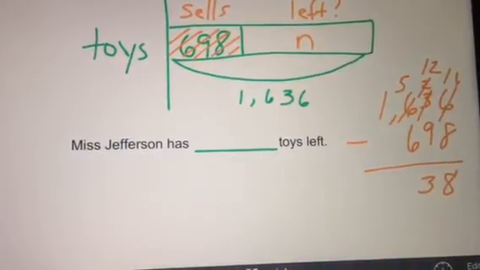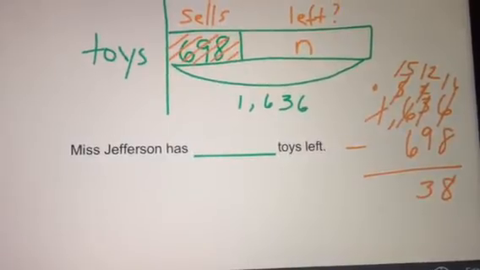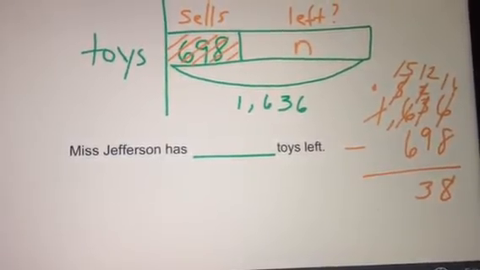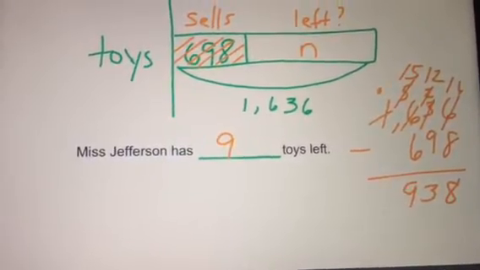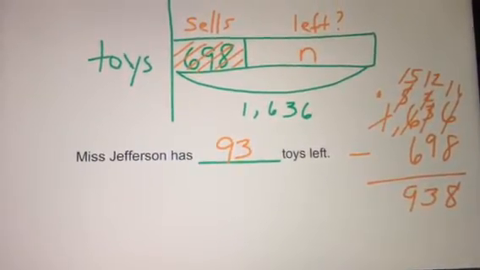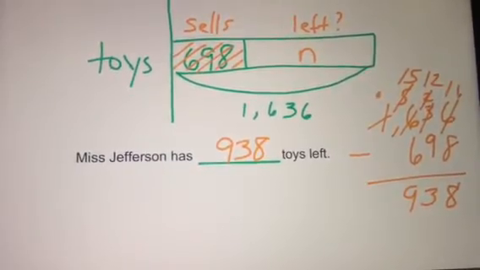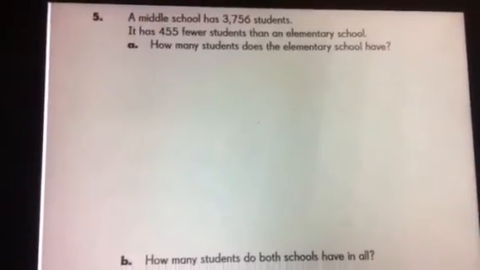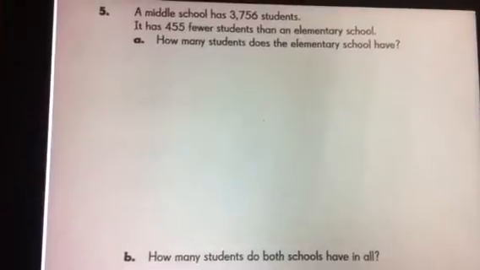You can't do 500 minus 600, so one more time. 1,500 minus 600 will be 900. And the answer is she has 938 toys left.